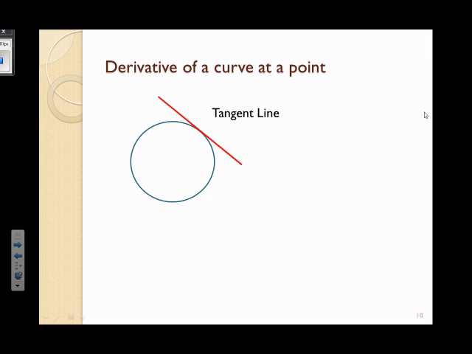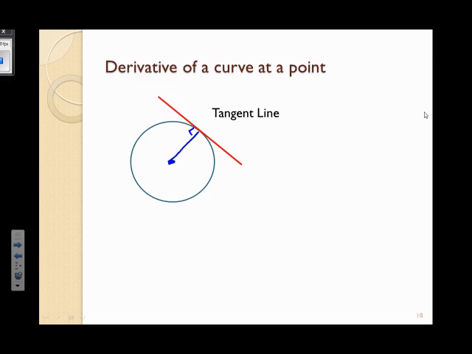Well, again, a tangent line was a line that touched the circle at one point and only one point. And if we put the radius of the circle here, the tangent line was also perpendicular to the radius at that point. And it only touched the circle at one and only one point.